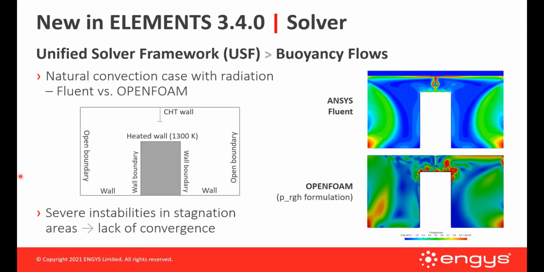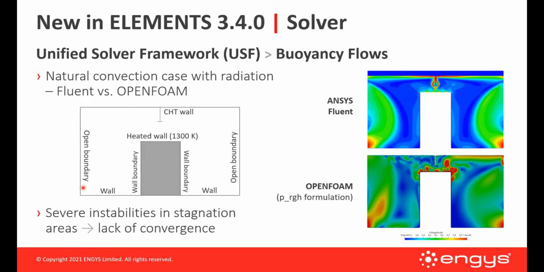Further to the work that we performed as part of the expansion of the Unified Solver Framework to support compressible flows, we also looked at the buoyant terms in the equations. And there is a very good reason for this.